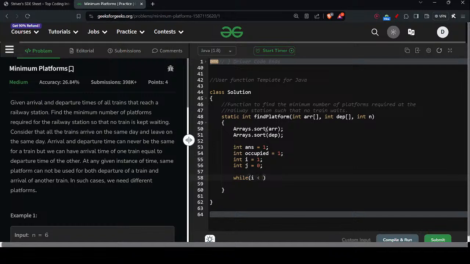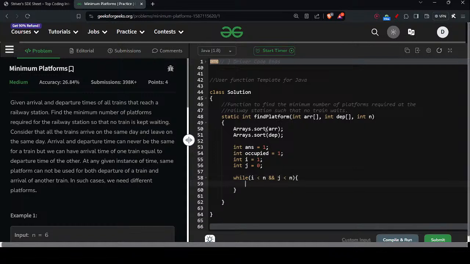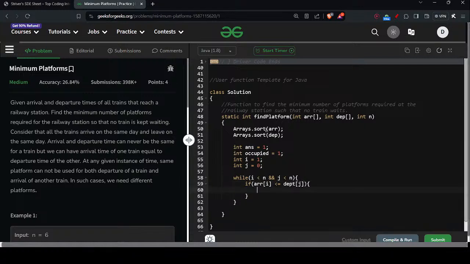While I is less than n and j is less than n, if arrival of I is less than or equal to departure of j, this means we will require another platform: occupied plus plus.